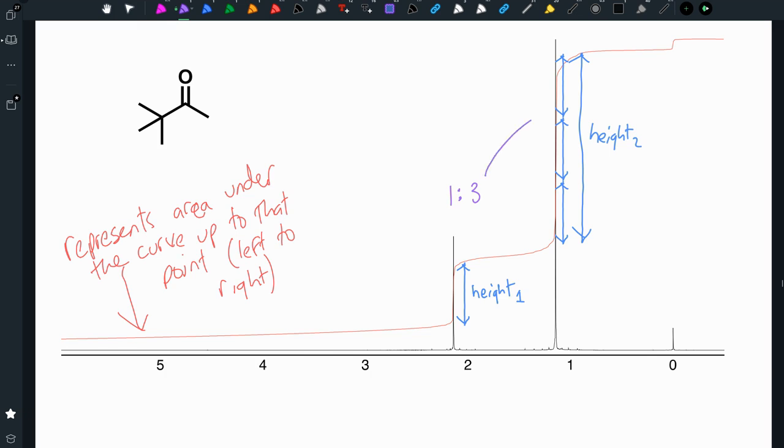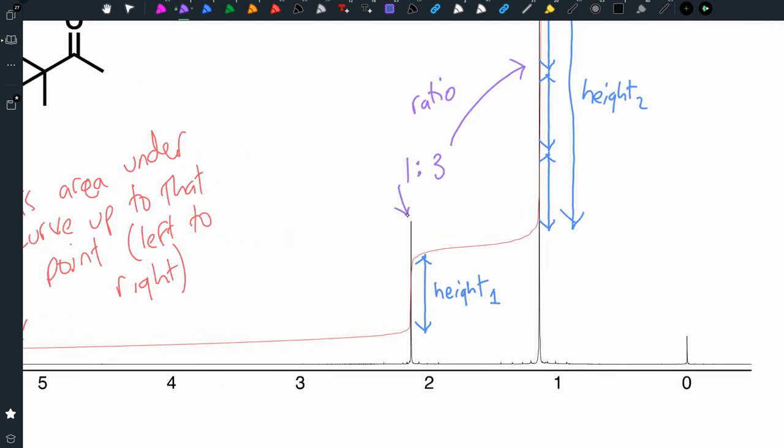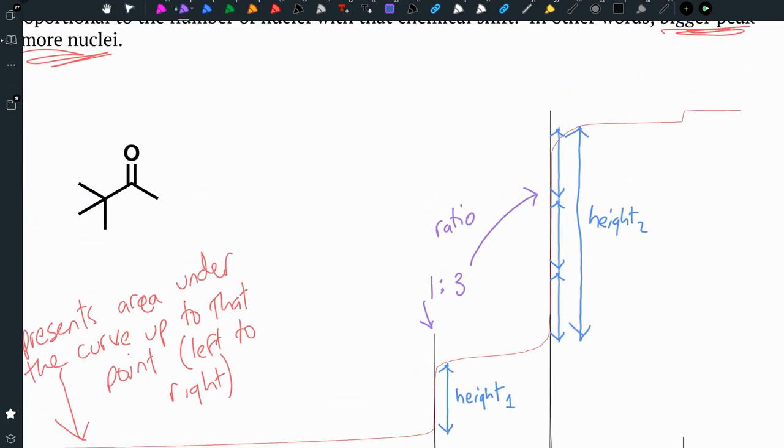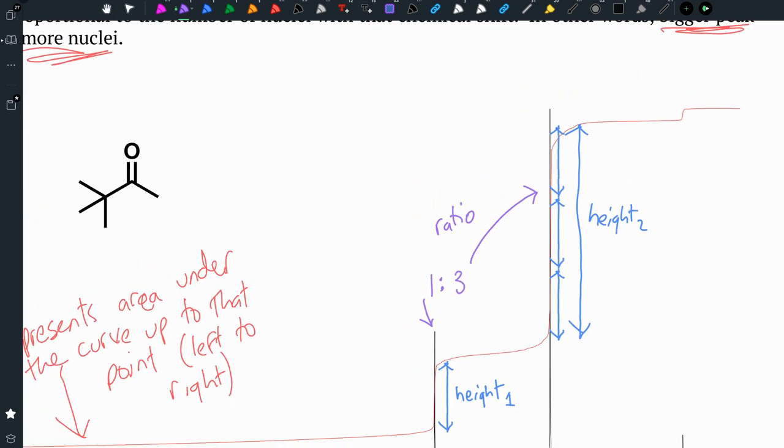What that means is the second peak represents 3 times as many H's.